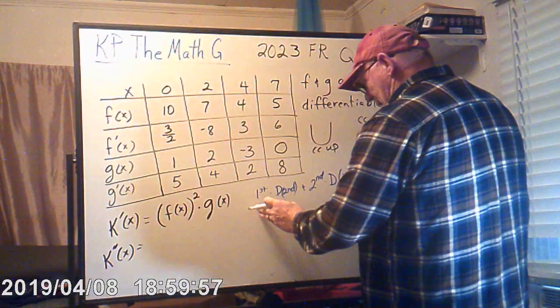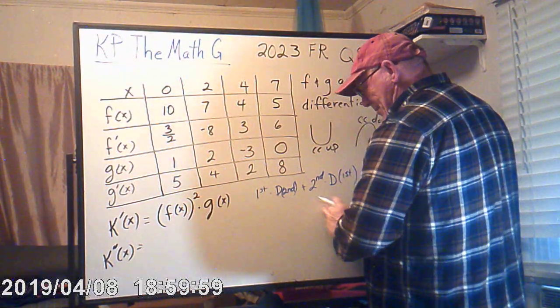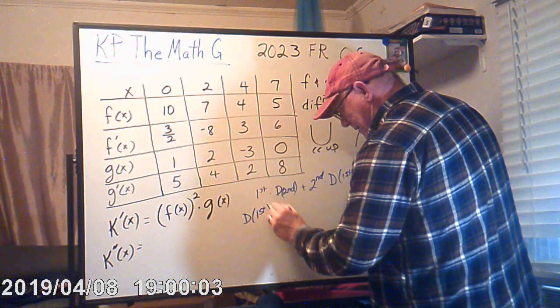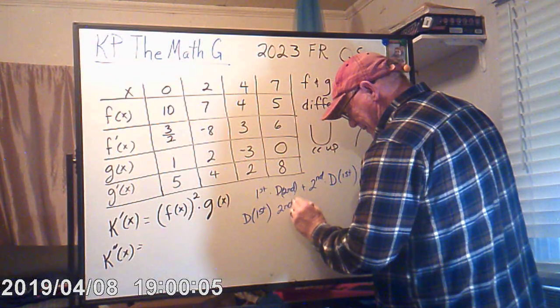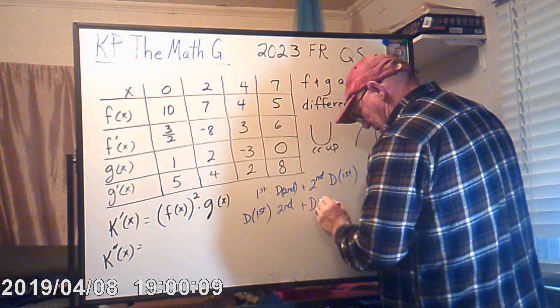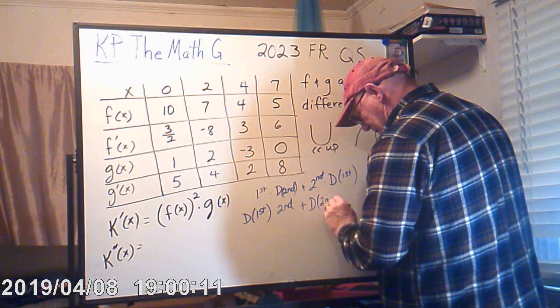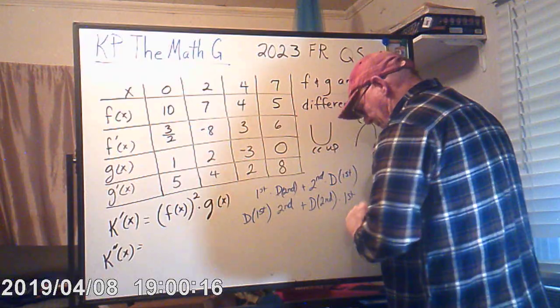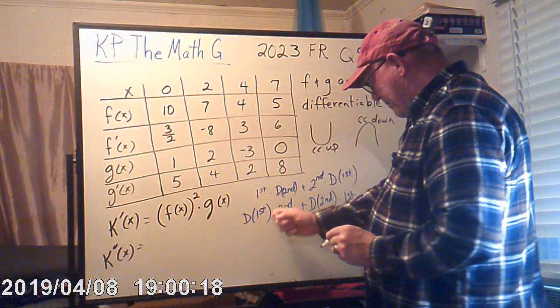Now, one thing about this, you can do it the other way. You can say the derivative of the first times the second, plus the derivative of the second times the first. But if you notice, I've got it written backwards.